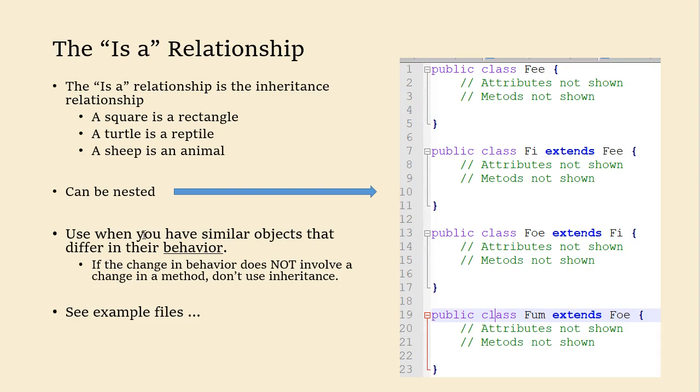Maybe the way they do some other operations are different. You can have brand new operations for some, like aircraft carriers, airplanes can land on them. Other ships, that's normally not a good idea. So that's how you know you have an is-a relationship, an inheritance relationship, is when the methods are different. Now you may still have some different attributes, but that's the primary thing. The methods are different. And we're going to talk about that more next week.